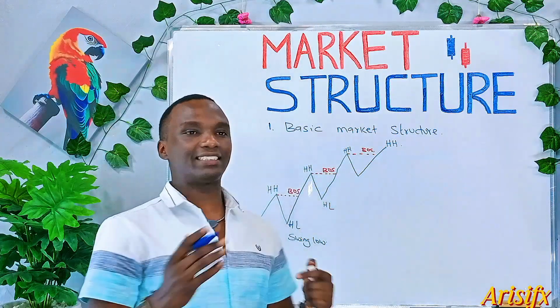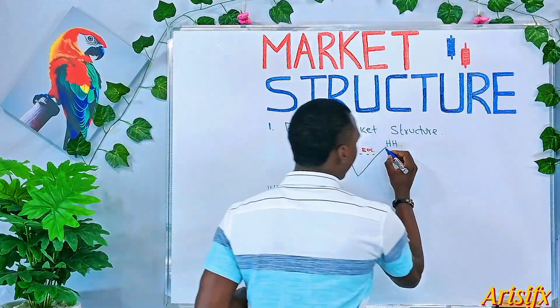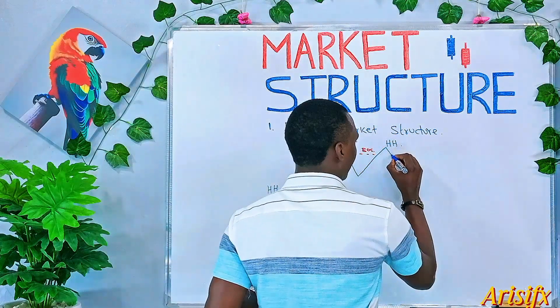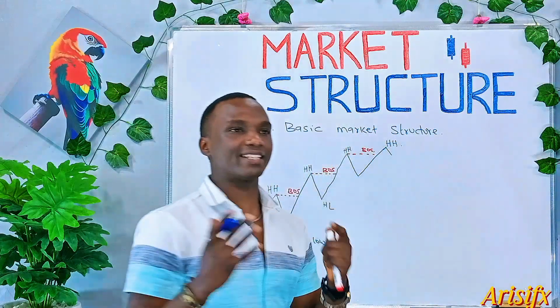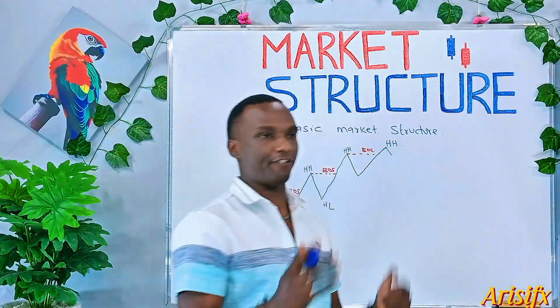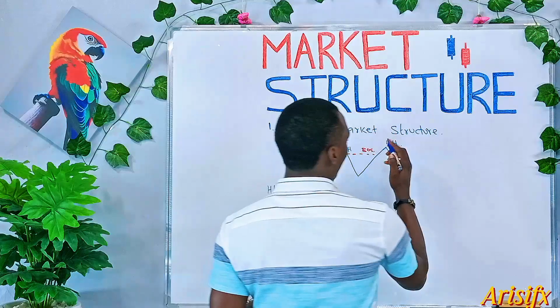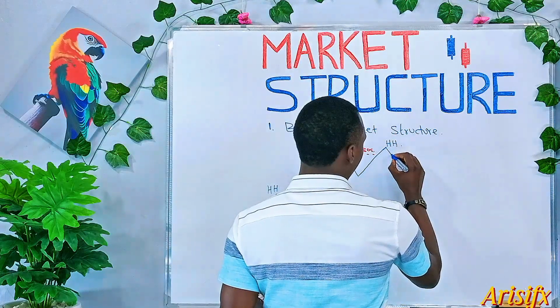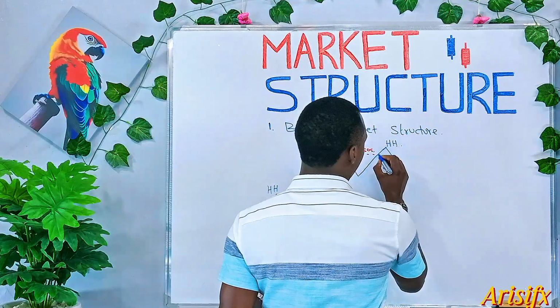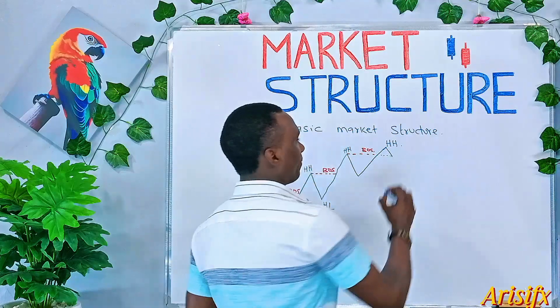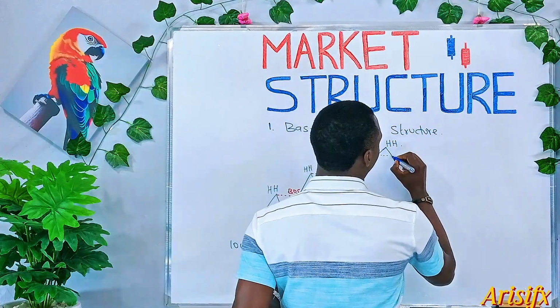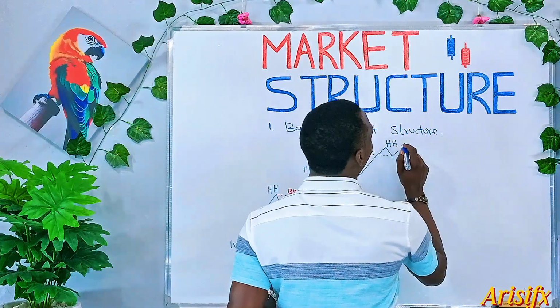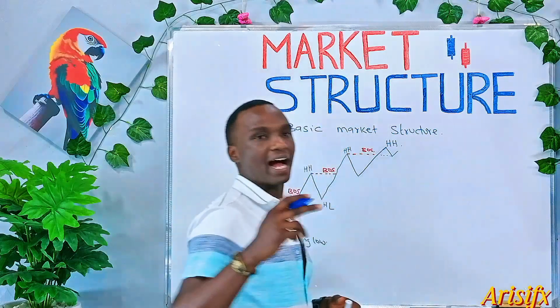The price tends to come and correct itself because we said that the market is either efficient or inefficient. So the market will tend to come to this previous break of structure, and then it will tend to go and form another break of structure to form a higher high.